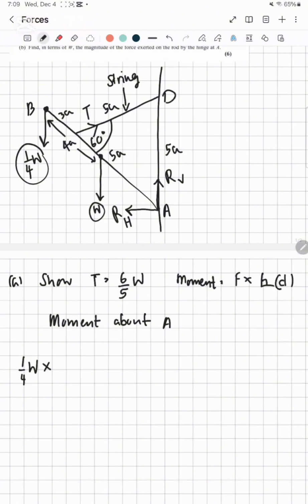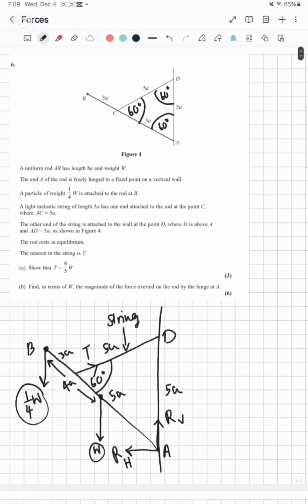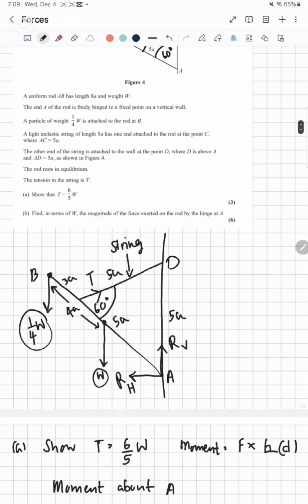So either you could resolve the force or you could find the perpendicular distance. What I'm going to do is just resolve the force, because this angle is 60, right? So then this angle is also 60.